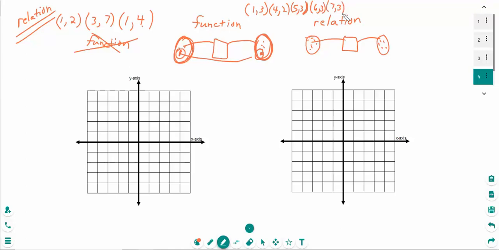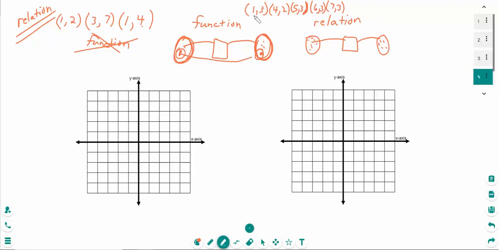Okay, here's a bunch of my inputs and outputs. I could look at this and say, okay, this is a function. Even though the 1 gets me the 3, the 5 gets me the 3, the 6 gets me the 3, and the 7 gets me the 3, right? They all have as an output a 3. However, that's okay. They can share the same output.